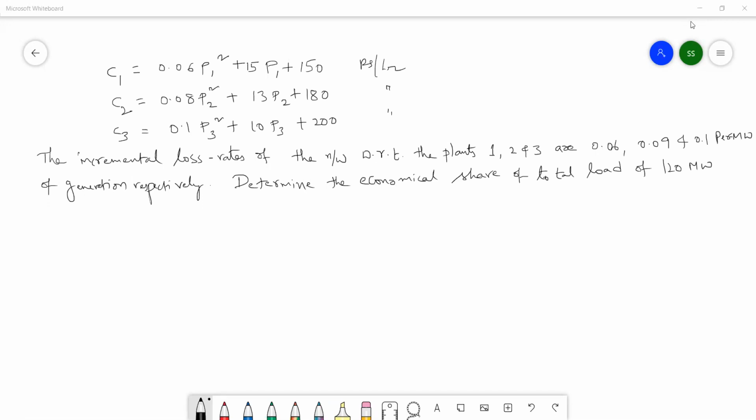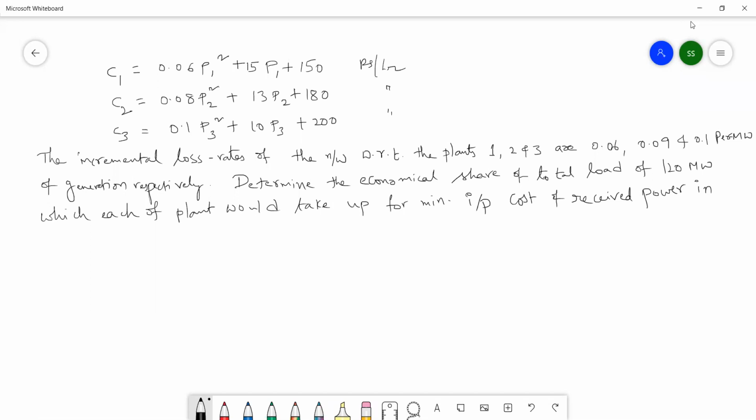Total load of 120 megawatts, which each of the plant would take up for minimum input cost of received power in rupees per megawatt hour.